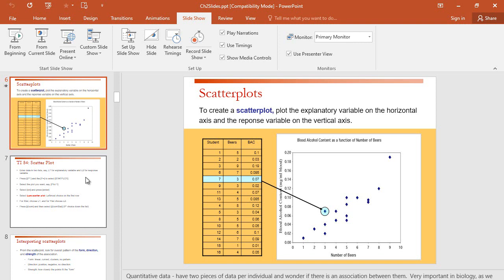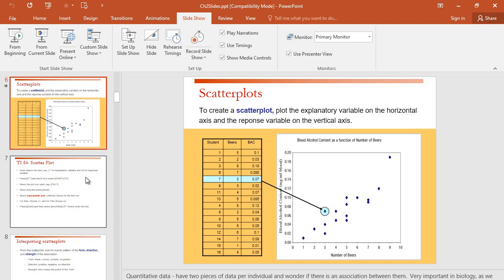Does it look like a curve that's not a line? And also the direction of this relationship. That is, do the two variables tend to increase at the same time, or do they tend to decrease together? And also the strength of the relationship.